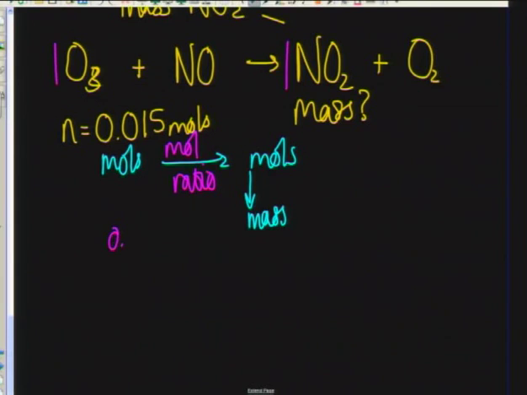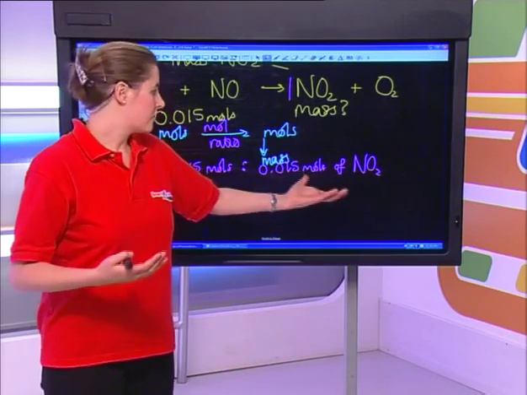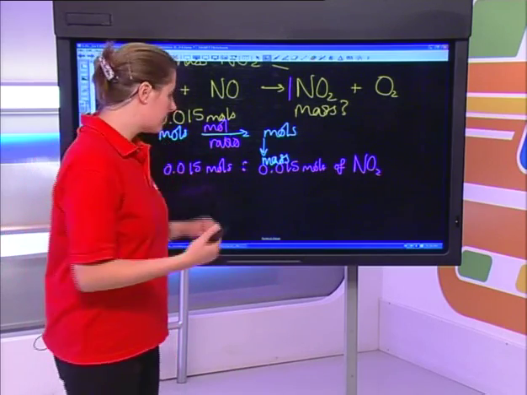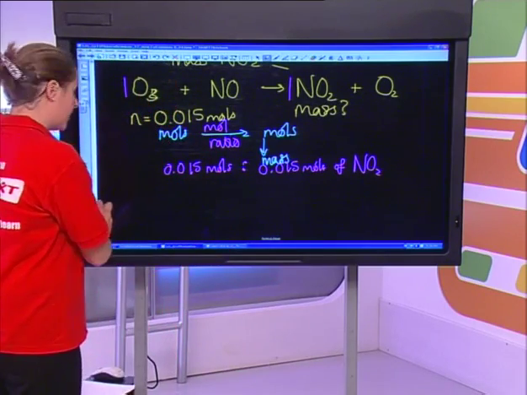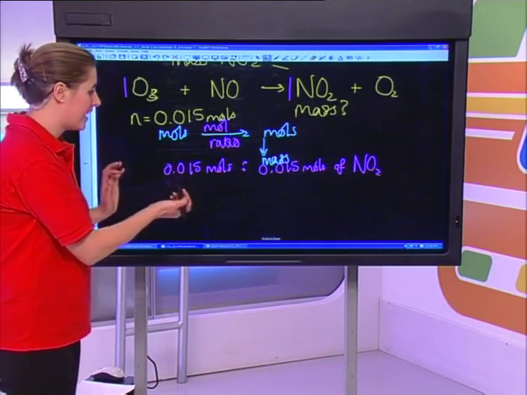So 0.015 moles of ozone is to 0.015 moles of NO2. That's how much nitrogen dioxide can possibly be produced, because that's the amount of ozone that I have.